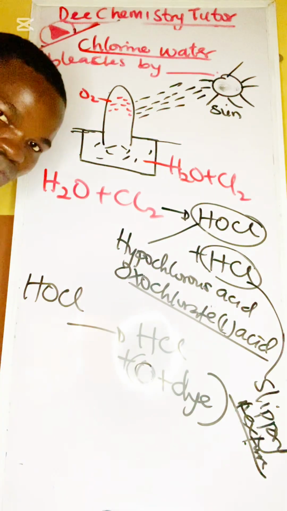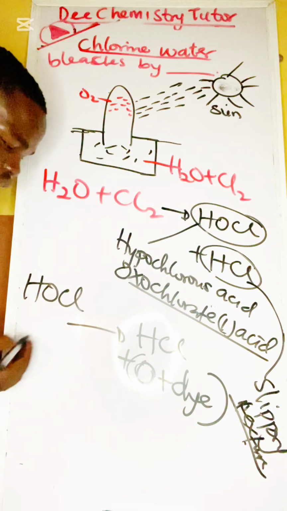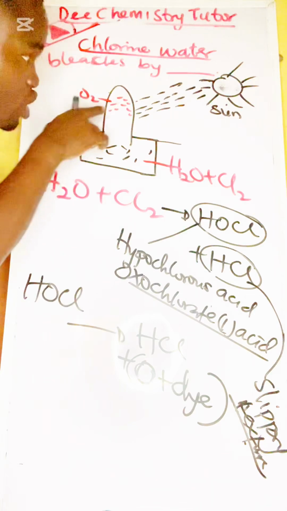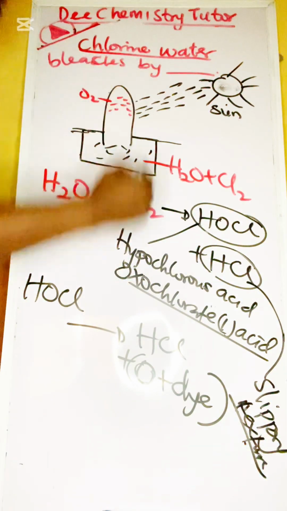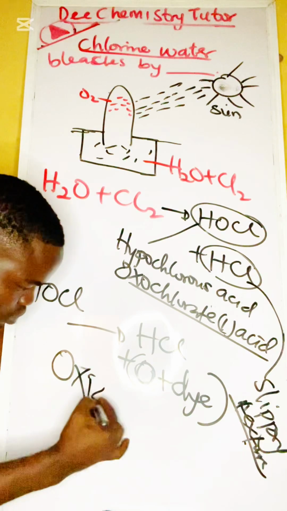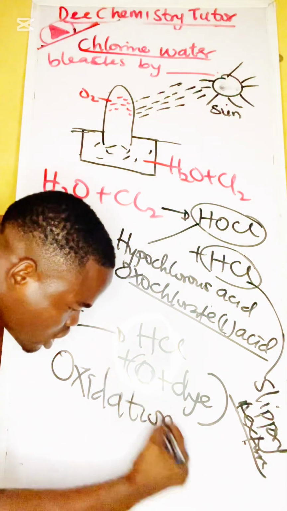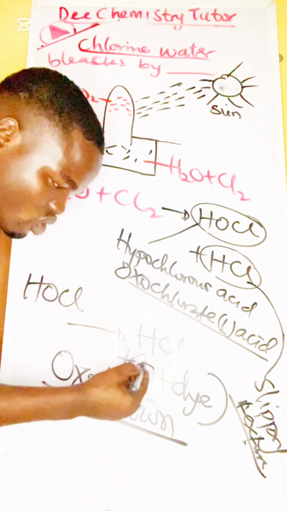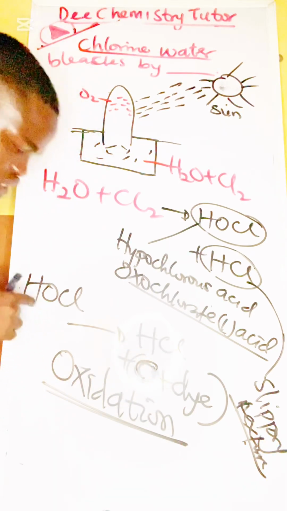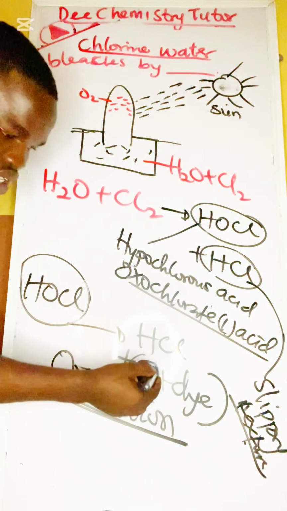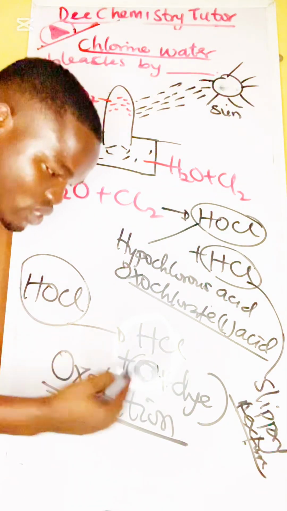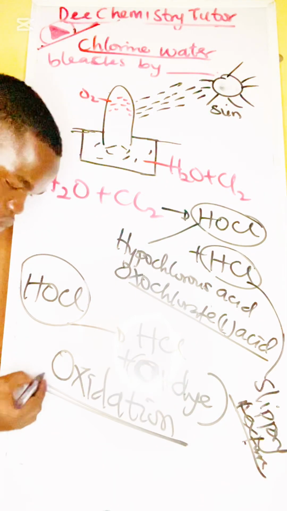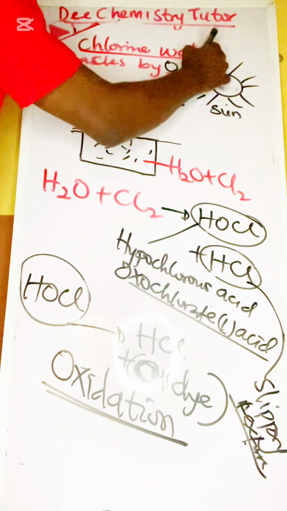Addition of oxygen is what? Oxidation. That is why chlorine gas, this chlorine water here, which is this hypochlorous acid, bleaches by what? Oxidation. Please take note of that. Chlorine gas bleaches by oxidation. Look at this: HCl and oxygen plus the dye, the cloth that you are using. So it oxidizes it. So it bleaches by what? Oxidation.